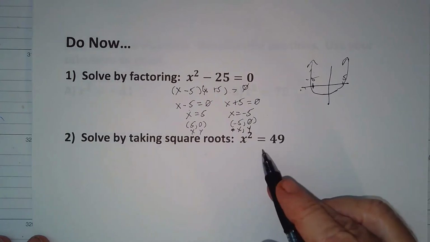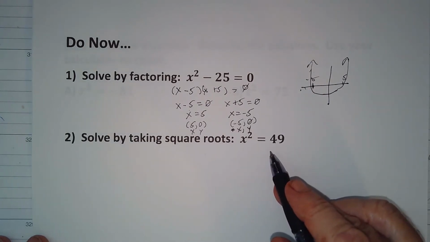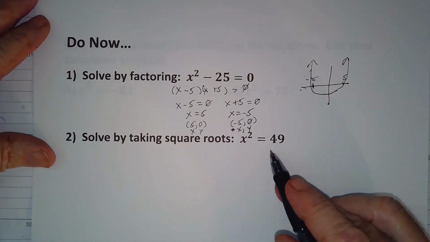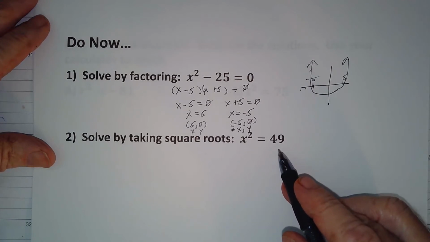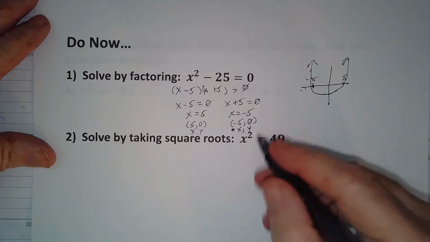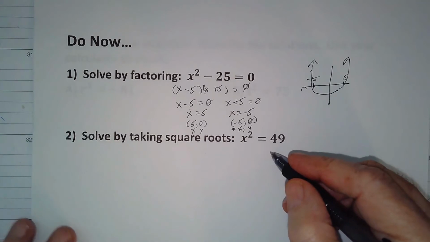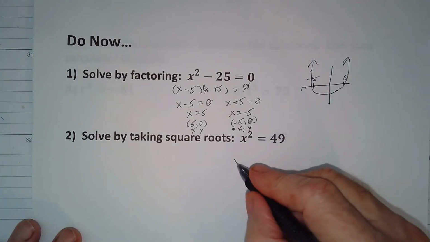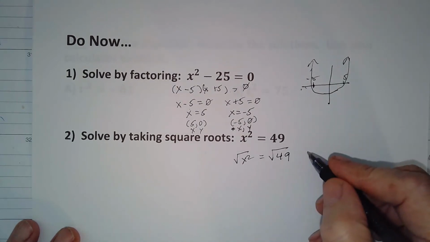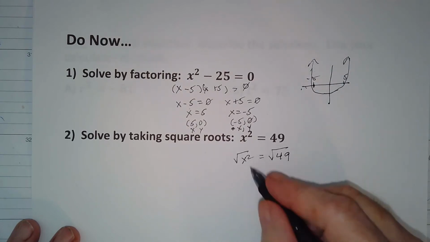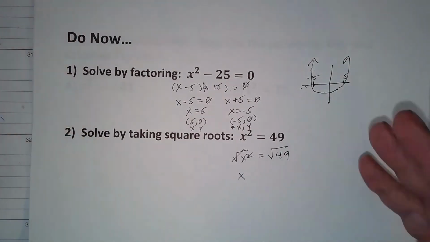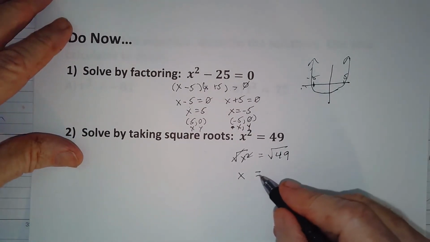All right, now taking square roots is basically the same process, but it looks and feels different. Here you've got x squared equals 49, and you don't have anything else with the x squared. So when it's by itself, you just take the square root of both sides. The square root of x squared is x, because the square and the square root are opposites of each other, and they cancel out.